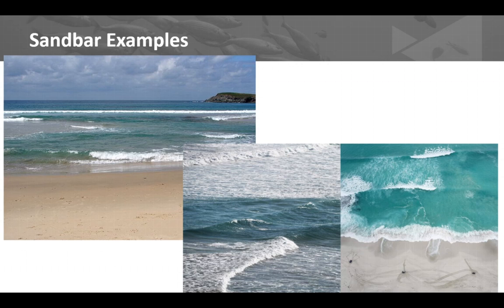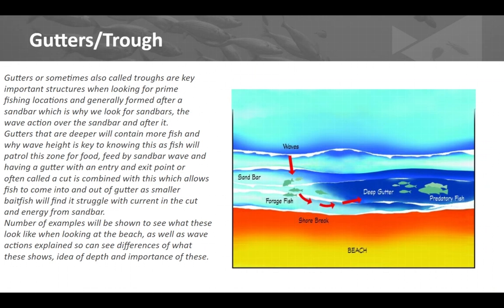Okay, so as I mentioned, now we're going to have a look at gutters and troughs. So we're seeing what sandbars should look like based on the wave and the importance of a sandbar, i.e. that they create those waves.